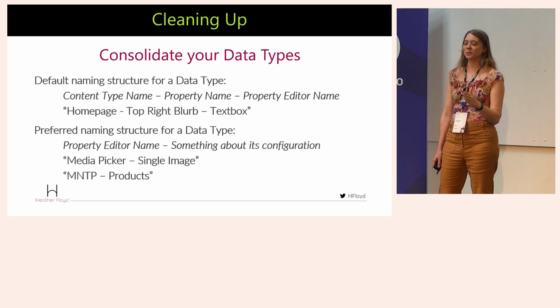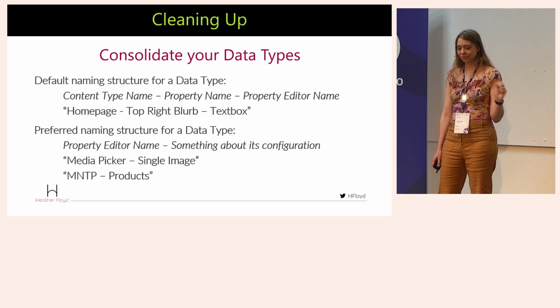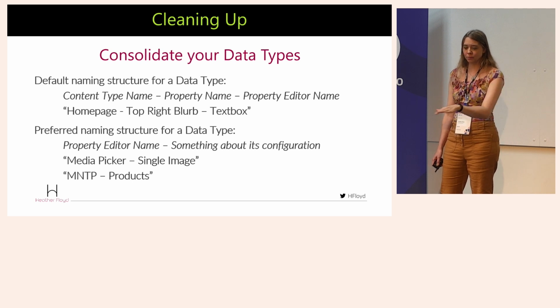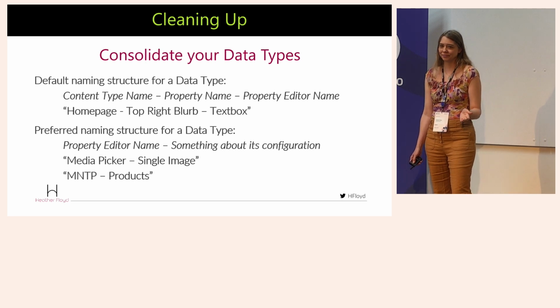It will be very clear to people when you want to use this and why. So these are examples of names that I've used. Media picker, single image. Because then next time you create another property that requires a single image, oh, we use that one. Or multi-node tree picker, products. That's pretty clear, and you can reuse that.